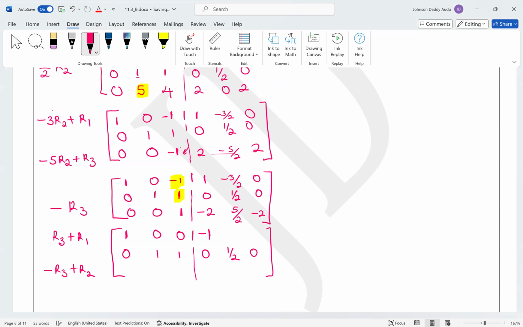And then here we'll have minus 3. So this will just be 1. And this is minus 2. Then here will be 0 minus R3 plus R2.